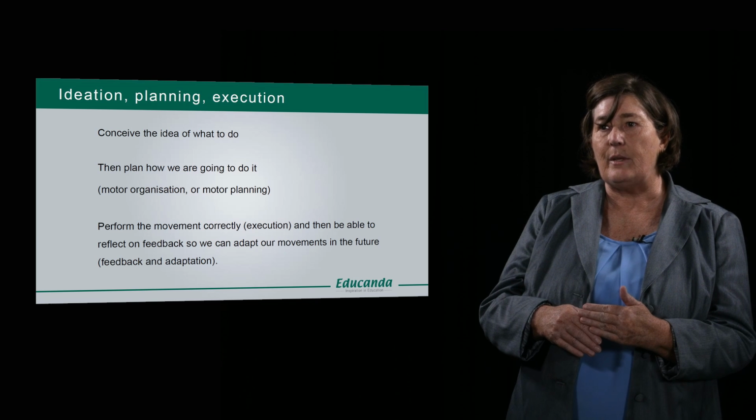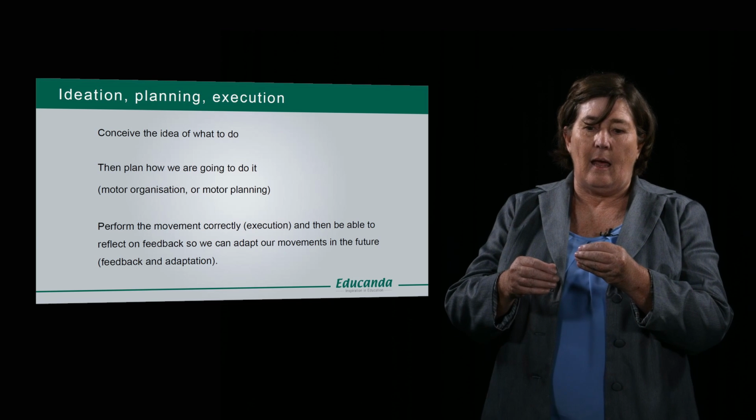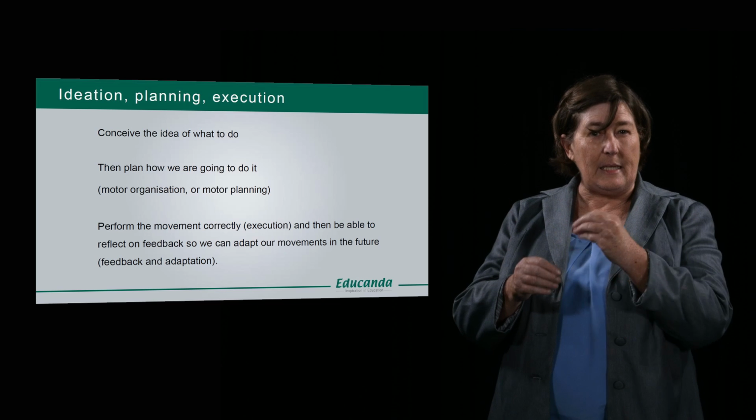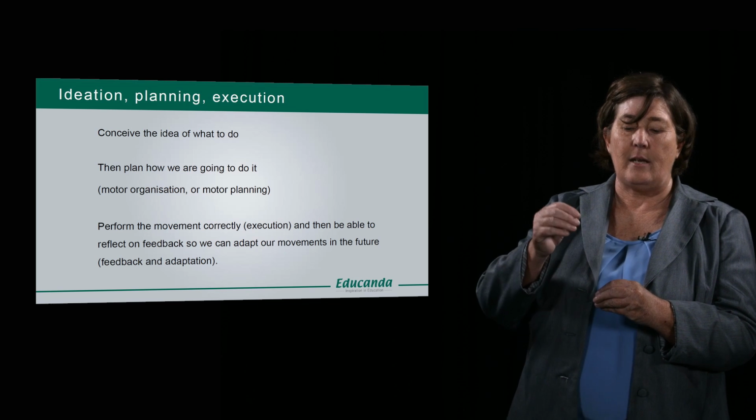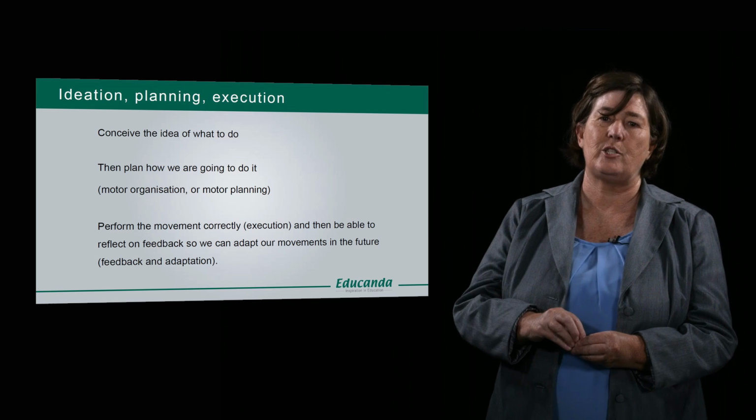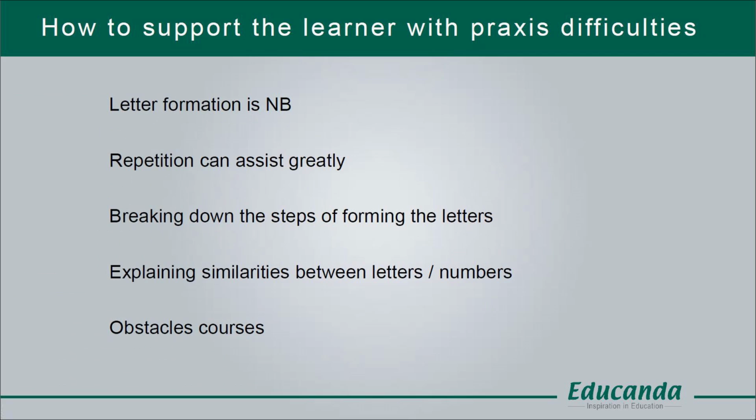So what you see with them is that they're not always sure where the letter starts. You have to teach letter formation as an absolute essential skill. You must overteach letter formation to help these learners, and you have to repeat the forming of the letter over and over.